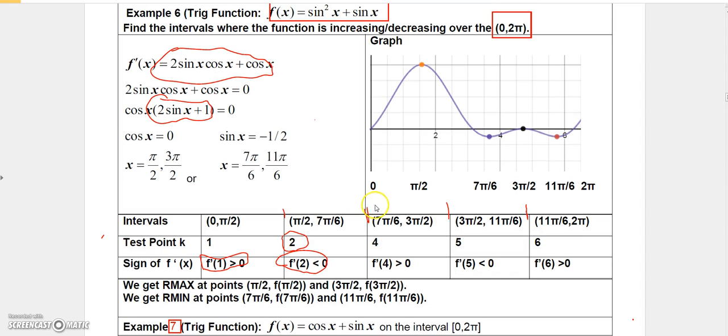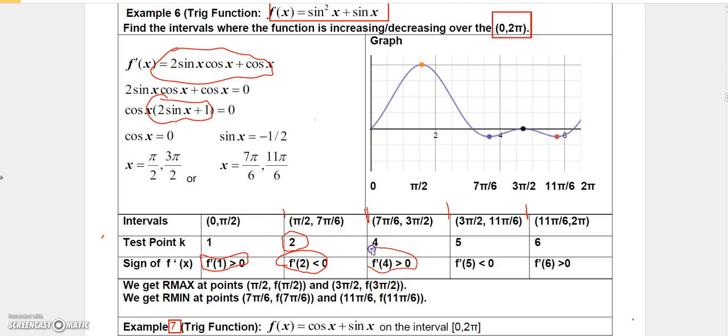Alright, now the next number I want to consider is 7 pi over 6. We already know to the left of 7 pi over 6 the derivative is negative. So let's figure out what the derivative is between 7 pi over 6 and 3 pi over 2. Well, that interval would contain the number 4. So we can take 4 and plug it back into the derivative, and when I did that I got a positive number.